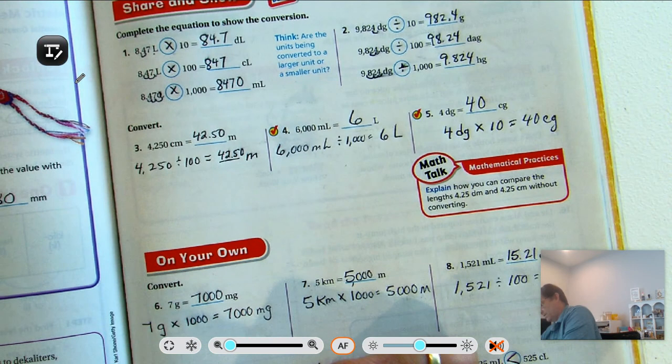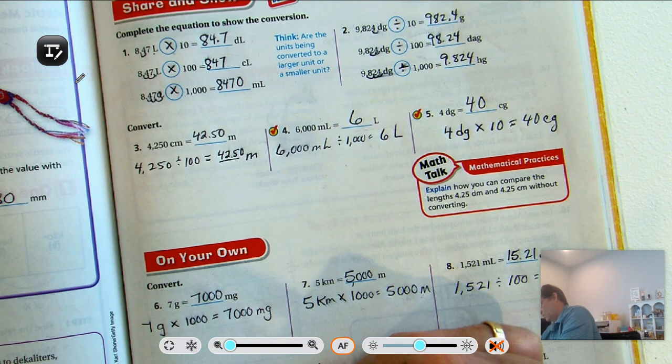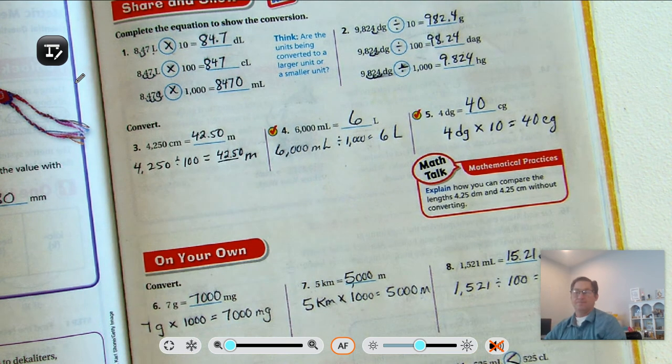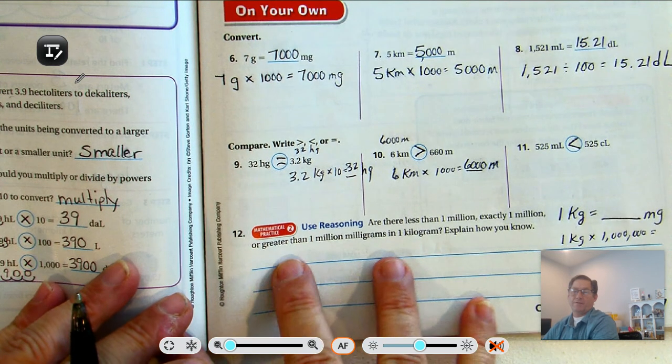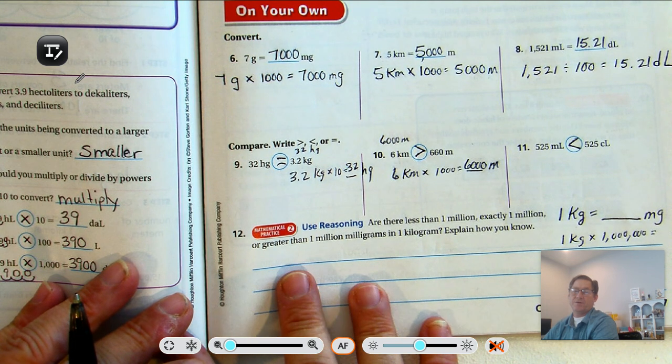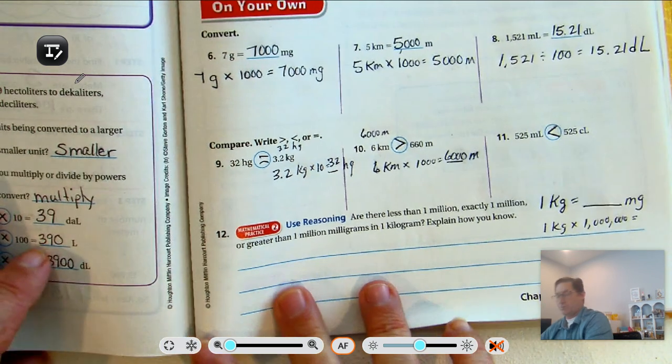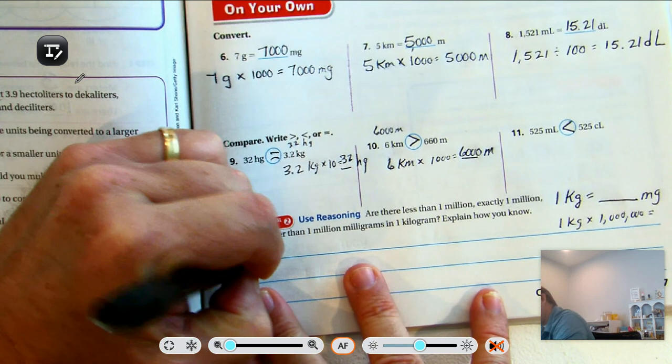So we'd have to take 1 kilogram and multiply by 1 million. So are there less than, exactly, or greater than 1 million milligrams in a kilogram? Well, there's exactly 1 million.